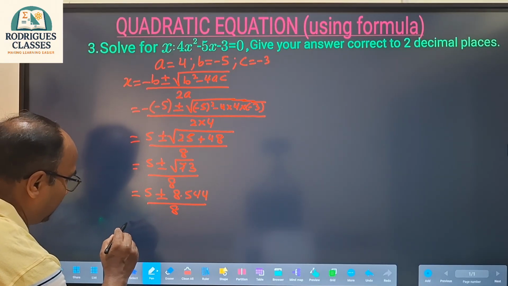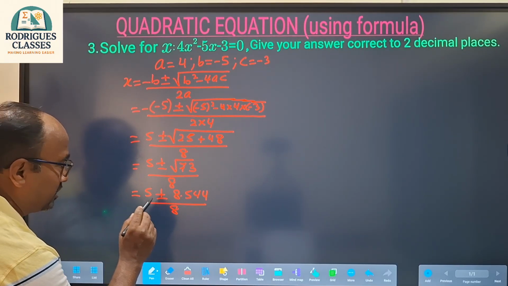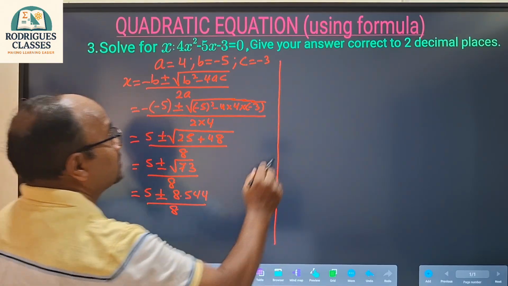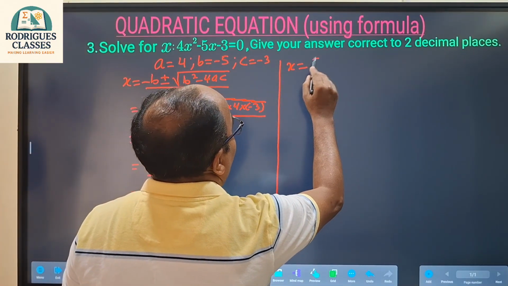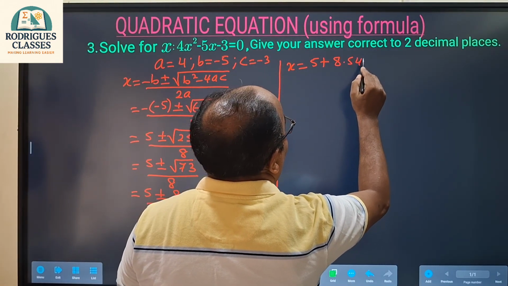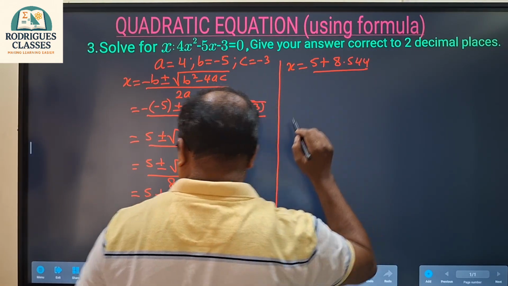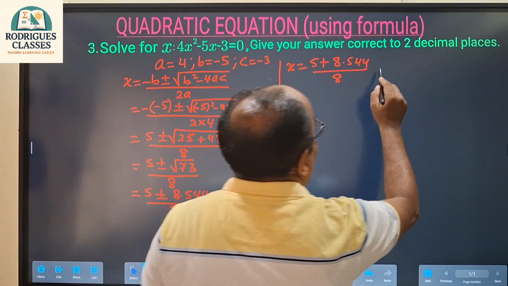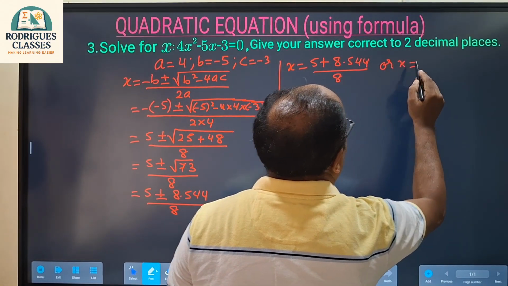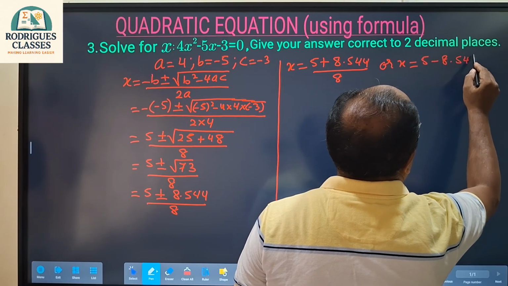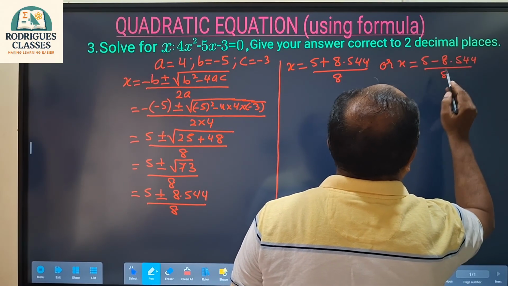First of all, I will take the positive value and write it, and then the negative value. So let us come towards this side. So x is equal to 5 plus 8.544 by 8, okay, denominator is 8, or x is equal to 5 minus 8.544 divided by 8.